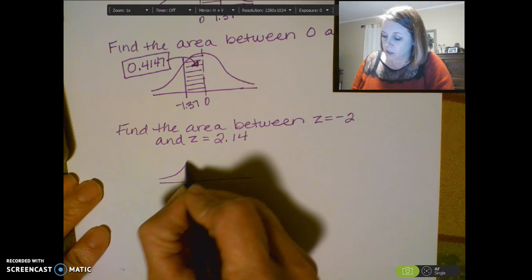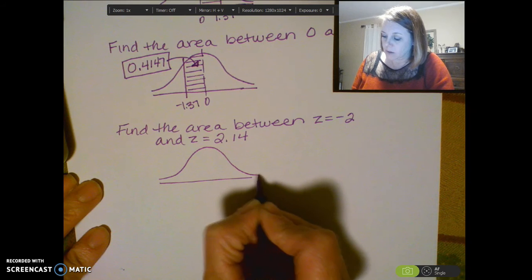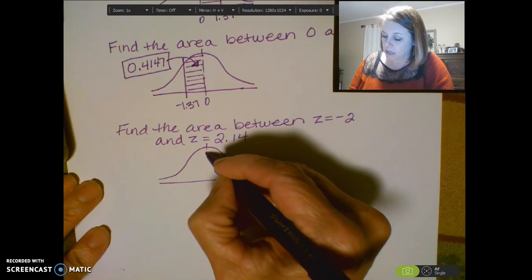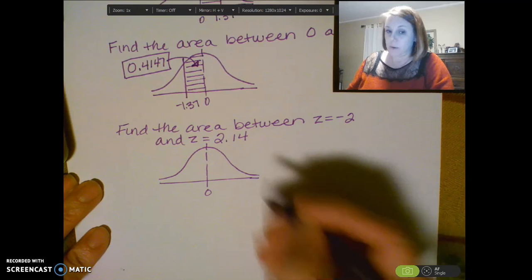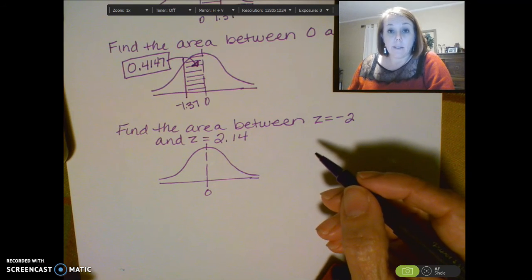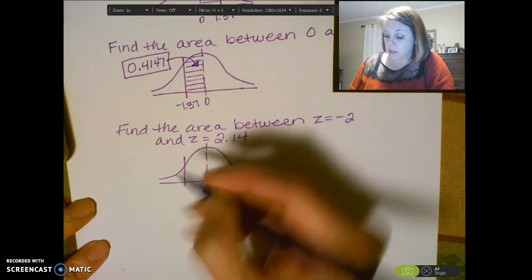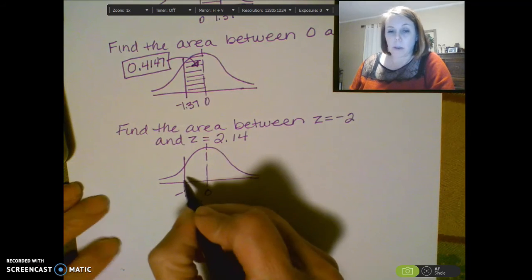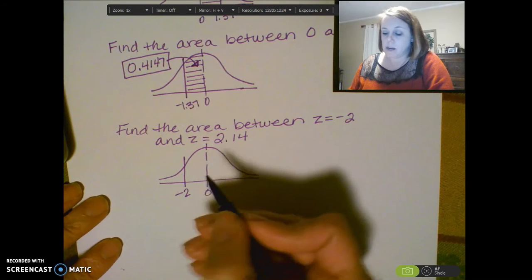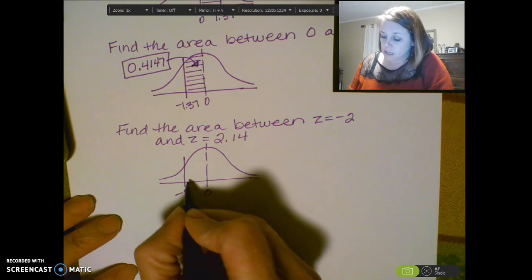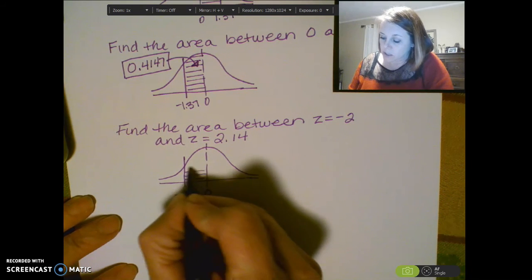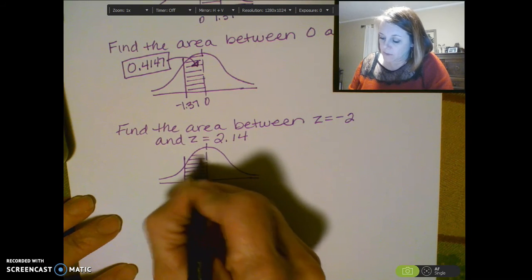So we're going to draw our sketch, label the mean. Here's our 0. I've got one value that's negative, so I'm going to draw that on the left. Not really concerned about how far away from 0 you draw that one, as long as you realize it's on the left.